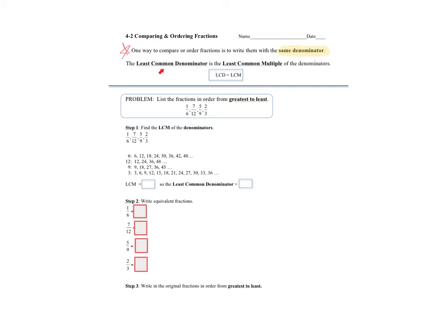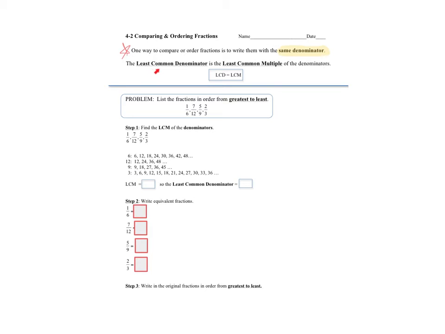So same denominator means a common denominator, the same. But instead of using any common denominator, we want the smallest one that we can find. It would probably be in our best interest to use the smallest denominator that our fractions have in common, just because, as always, working with smaller numbers is easier than working with larger numbers.